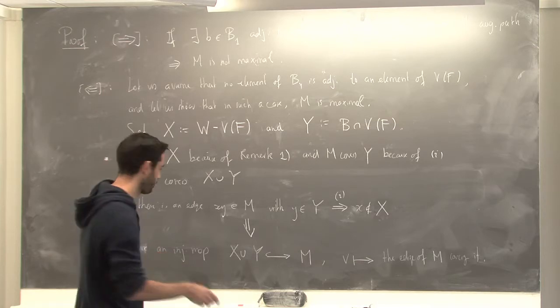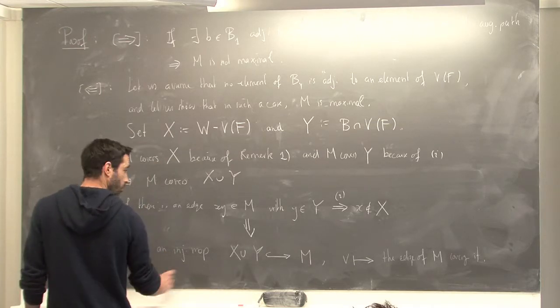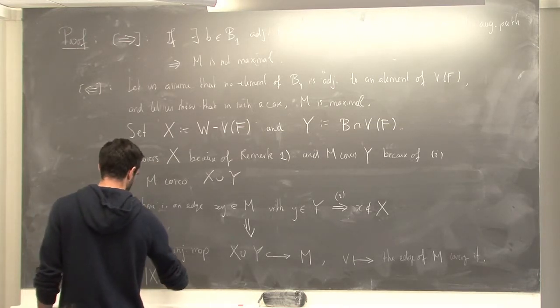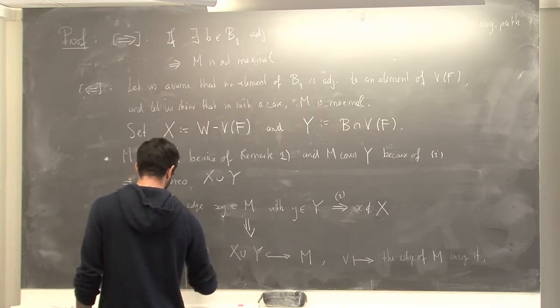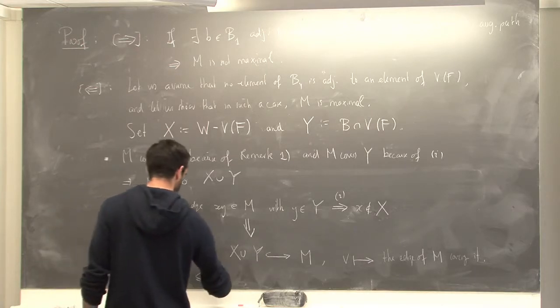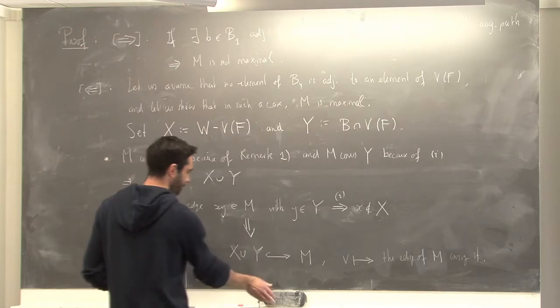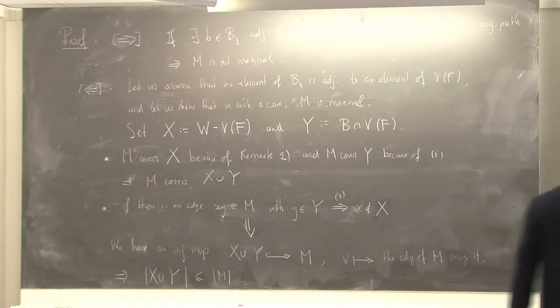Right? So we have that the number of elements here is less or equal to the number of elements here. Okay.